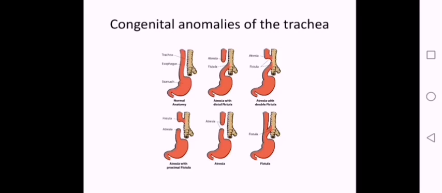Another form is where the cranial part is separated and the caudal part is separated, but the separation isn't total. So we have the trachea connected to both the cranial part of the esophagus and the caudal part of the esophagus. This anomaly is mainly due to abnormal growth or failure of continuity between the cranial part and the caudal part of the esophagus.